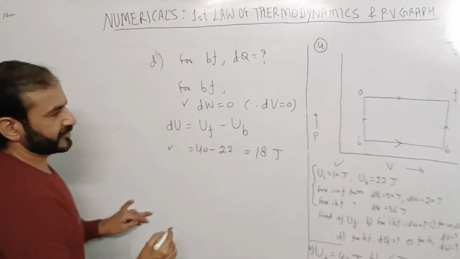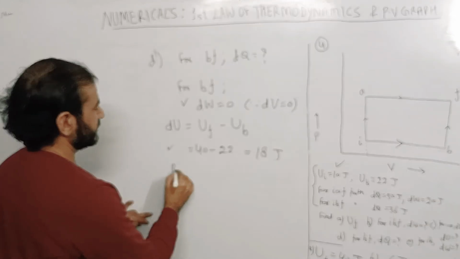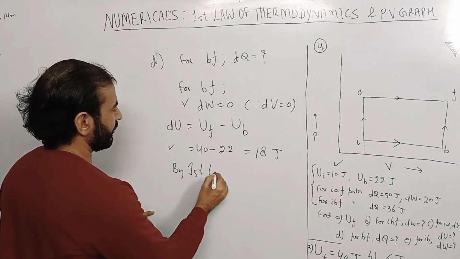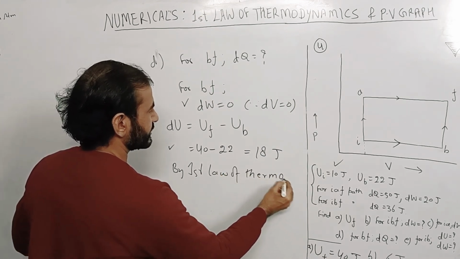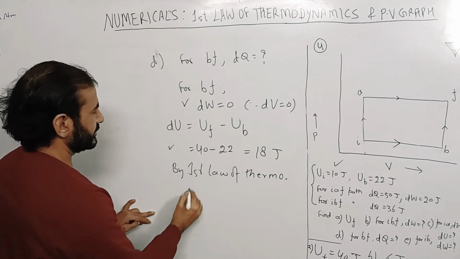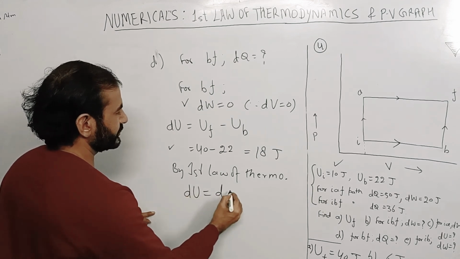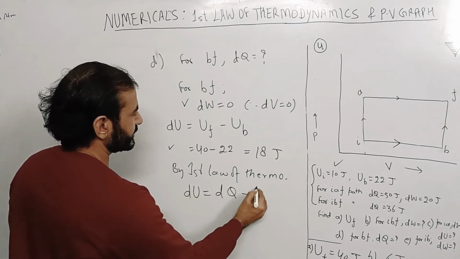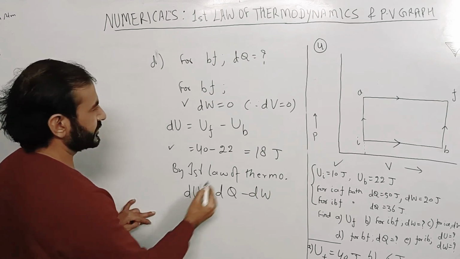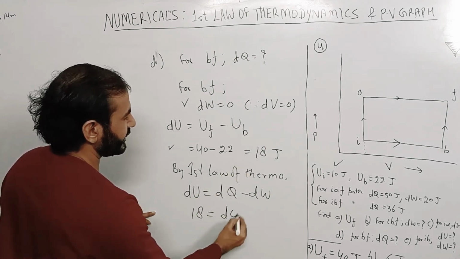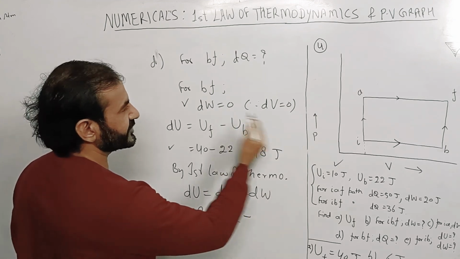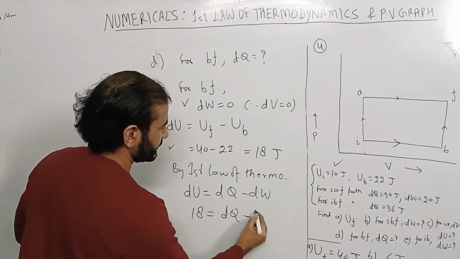Apply the first law of thermodynamics. By the first law, dU equal to dQ minus dW. dU is 18, dQ we have to find. dW is 0 because there is no change in volume.